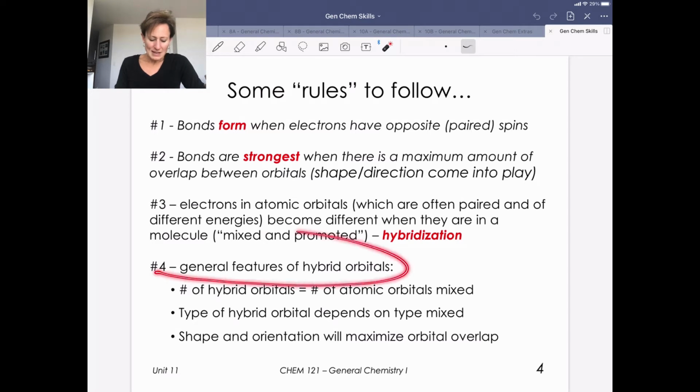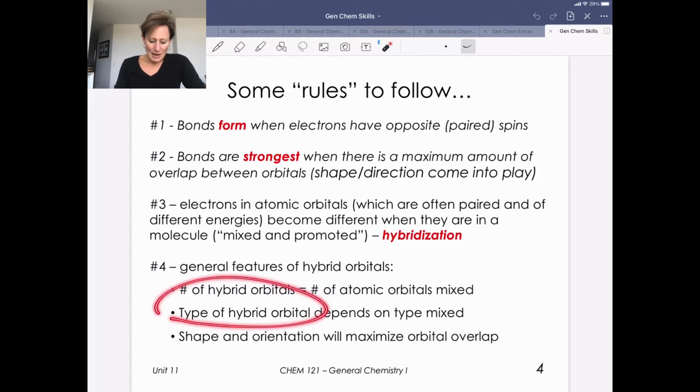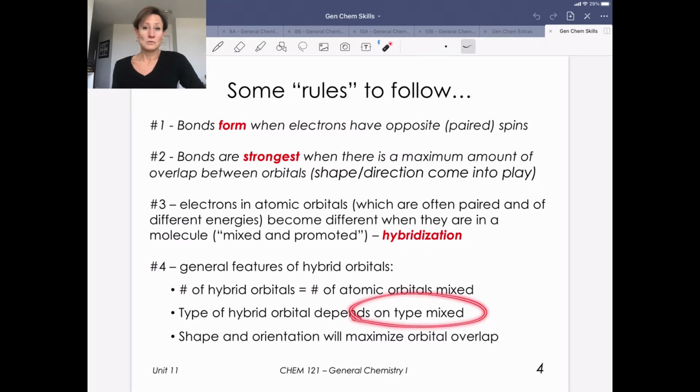So when we think about these hybrid orbitals, and we'll get into some more details on the next slide, there are some general features of hybrid orbitals we can think about. If we're making some hybrid orbitals, however many hybrid orbitals we have has to equal the same number of atomic orbitals that we mixed. You're going to see an example on the next slide that will hopefully help clarify that. The type of hybrid orbital that we make is going to depend on what type of orbitals we mix.